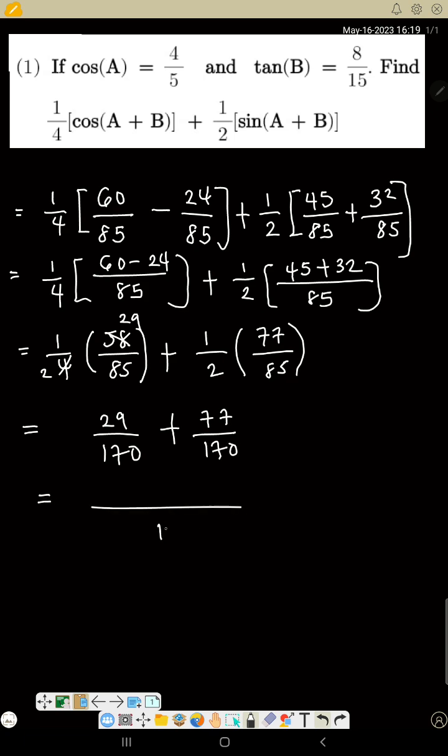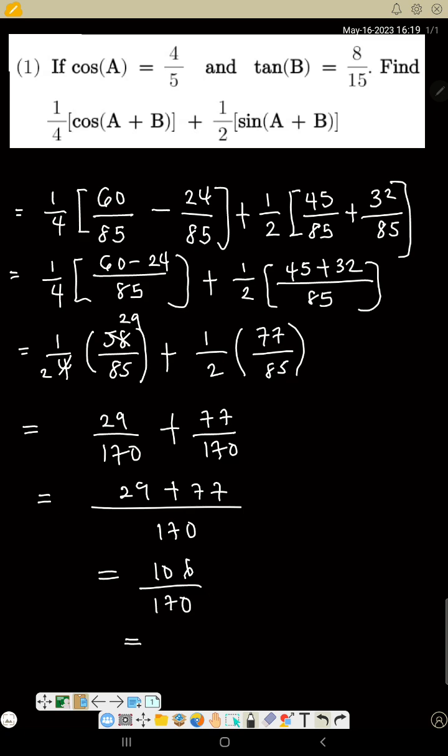So what's the LCM? 170. So this is 29 plus 77, that is 106, divided by 170.